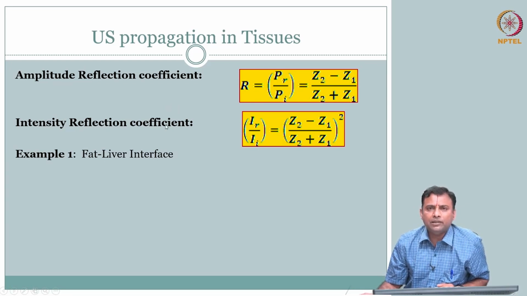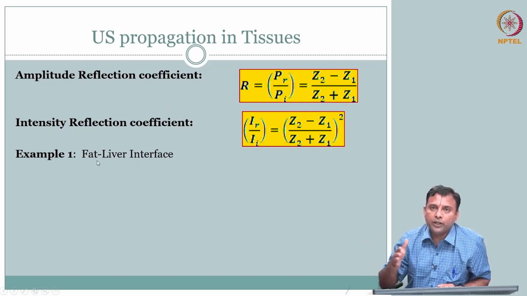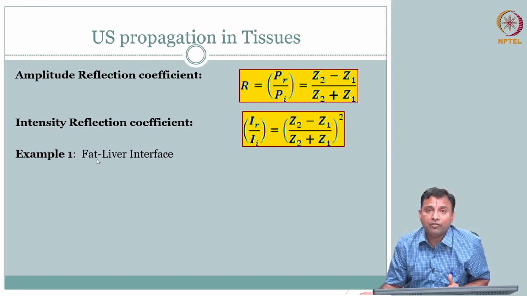Let us take an example just to get a feel for what it is. If you have a fat-liver interface, the sound waves are traveling in fat and now they encounter liver. So what happens at the fat-liver interface? Well, we know the values for fat, we know the values for liver, right?